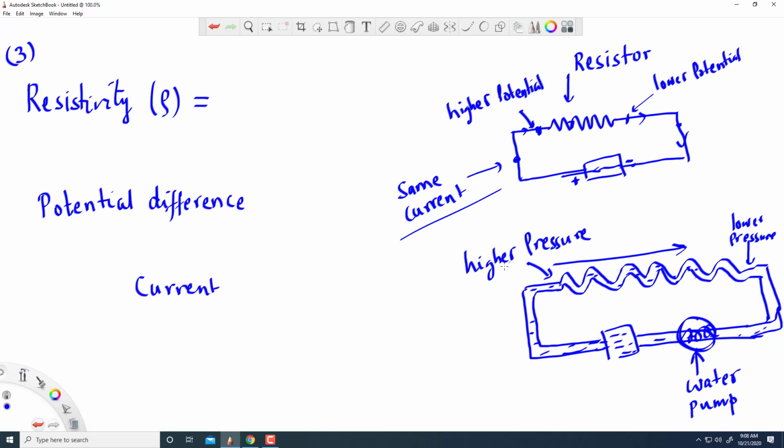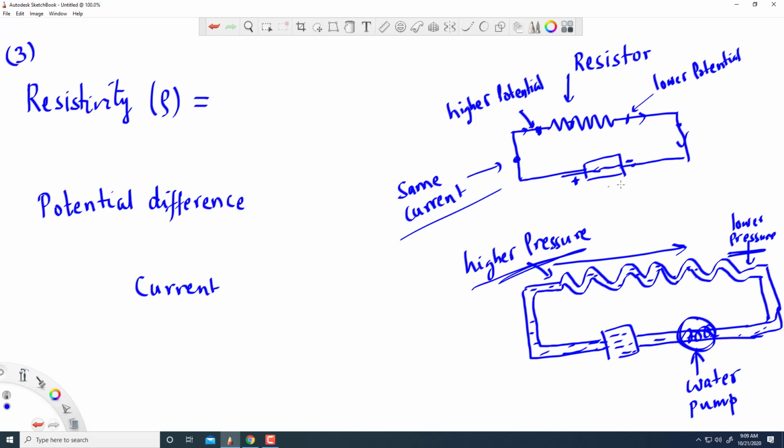In this analogy, the higher the pressure difference, the more water flow, right? If you have a little bit of pumping, a little bit of pressure difference, there will be a little bit of water flow. But if you have a really high pressure difference, you will see the water flowing at a higher rate. So in order to get faster flow of water, you need a greater pressure difference.